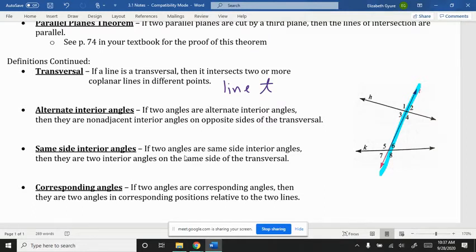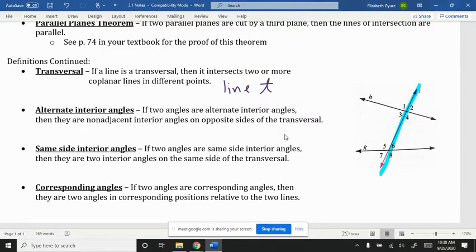So the first one is called alternate interior angles. What's kind of nice about them is it describes exactly what it is in its name. If two angles are alternate interior angles, then they are non-adjacent interior angles on opposite sides of the transversal.